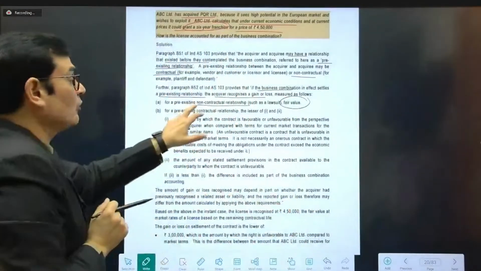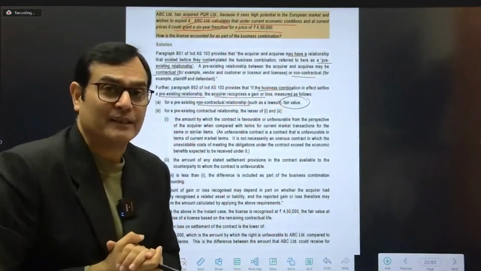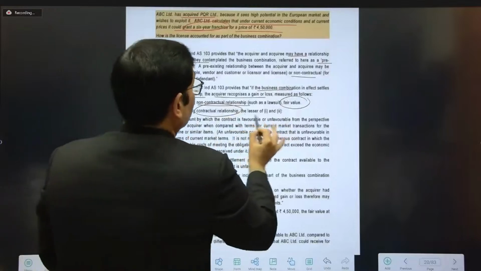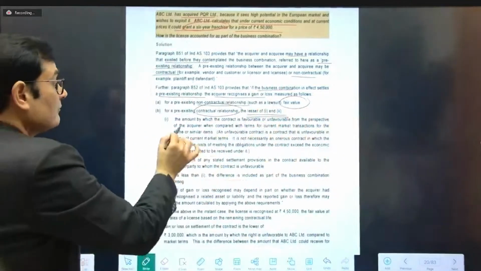So if there is a non-contractual relationship, you recognize the gain or the loss at fair value. If it is a contractual relationship, you need to consider the lower of the two. Now he's telling me that if there is a settlement of a pre-existing relationship, which is contractual in nature, the gain or loss is equal to the lower of the two. Don't worry, I'll consolidate everything.